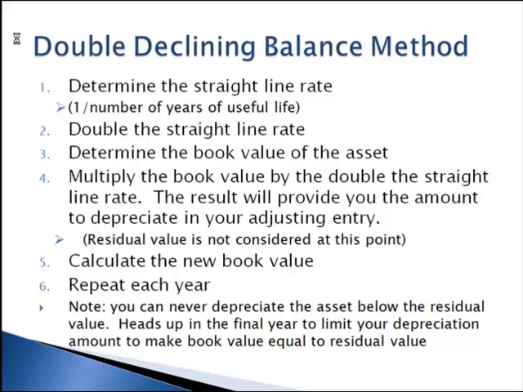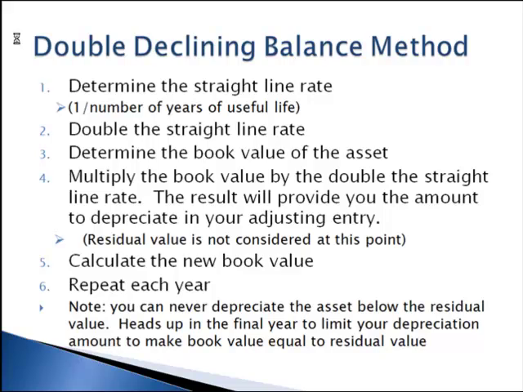So step 1 is determine the straight line rate, and we do that by taking the number 1 and dividing it by the number of years of useful life, which in our case was 5, so we would come up with 1/5, and 1/5 converts to a decimal of 20%. So 20% would be written off each year.